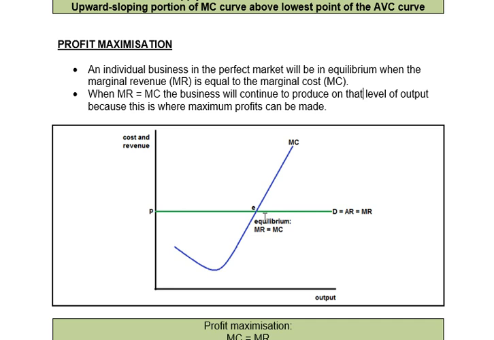So if we put that on a graph, you'll remember the market will determine the price here on the side. If the market says the price is P, our individual producer will take this price P, and the demand curve is a horizontal, perfectly elastic demand curve at this point.